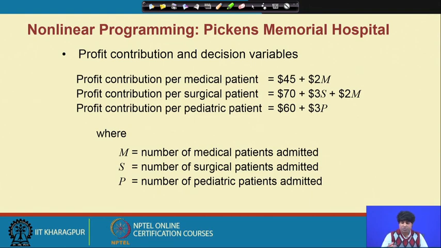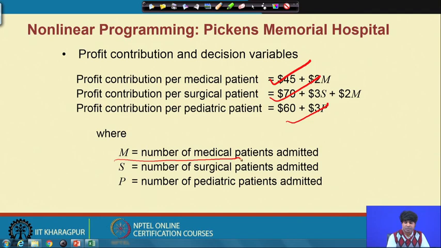This is the first one, this is the second one, and this is the third one, where M represents the medical patients admitted, S represents the number of surgical patients admitted, and P is the number of other types of patients admitted in the particular process, and then we look for optimality.